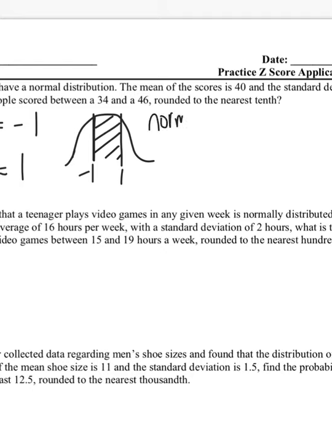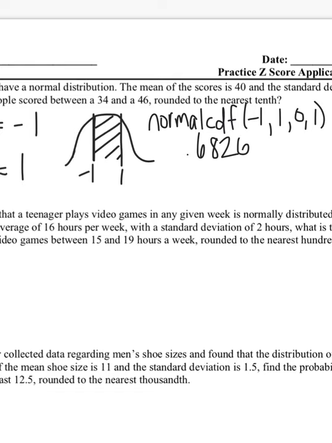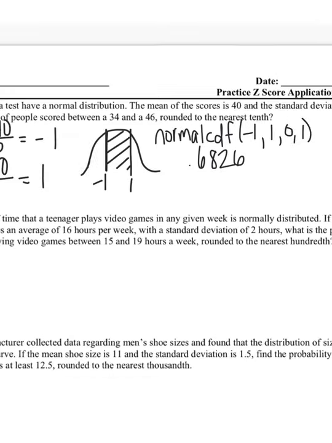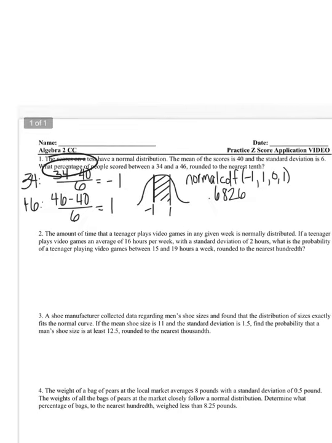So it says normal CDF, and then the lower, the upper, the mean, and the standard deviation. So it should always have 0, 1 on the end. So that gives you 0.682, and so on. It wants to know the percentage.